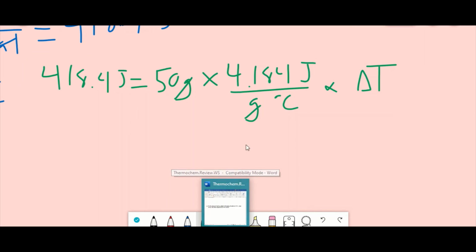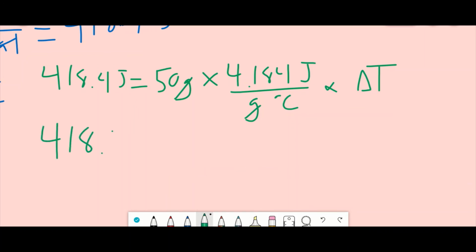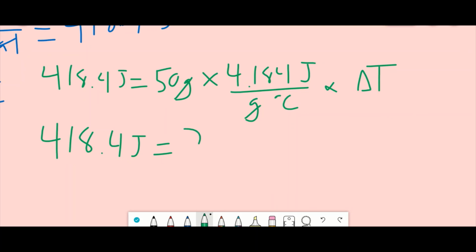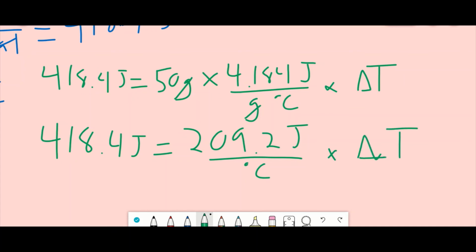This stays the same right here, 418.4 joules, and this is 209.2. Remember, the grams cross out, so now all we're left with is joules over degrees Celsius times delta T.